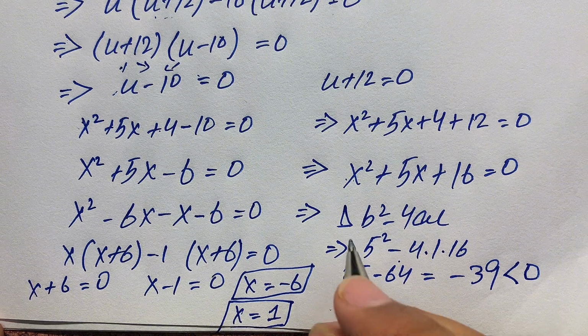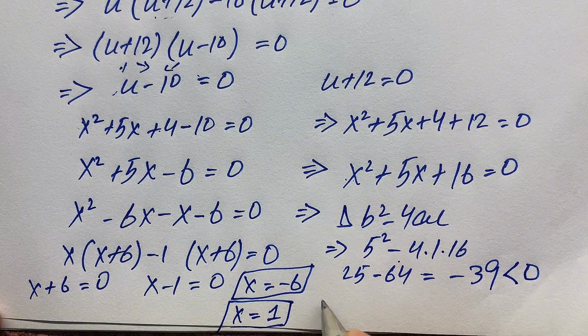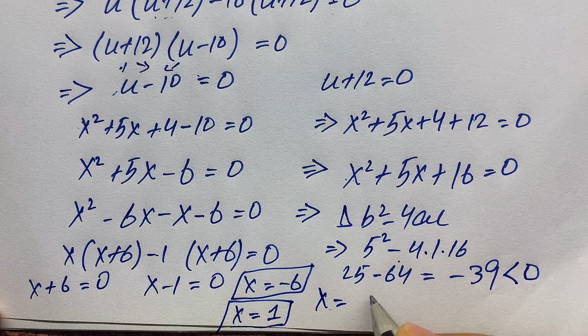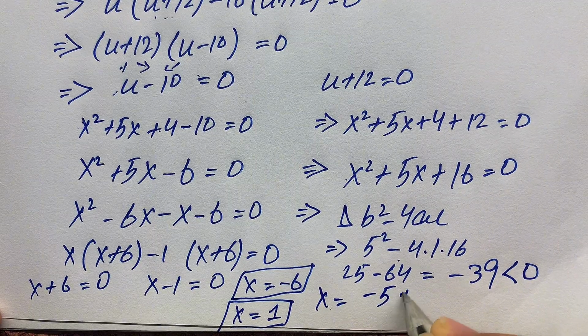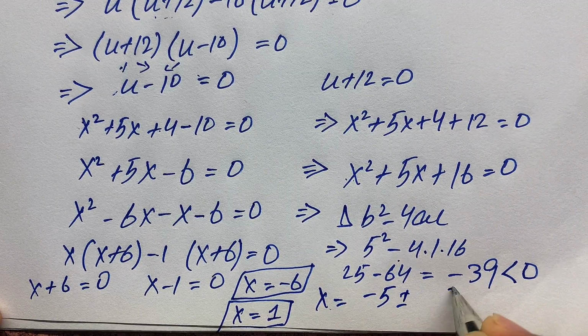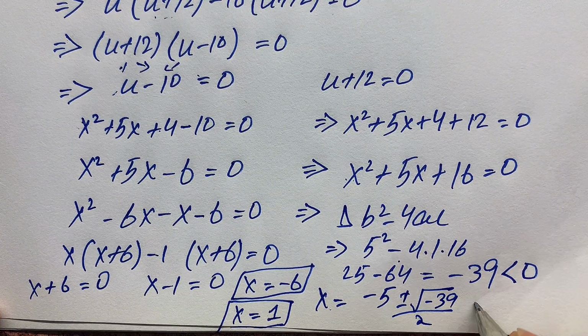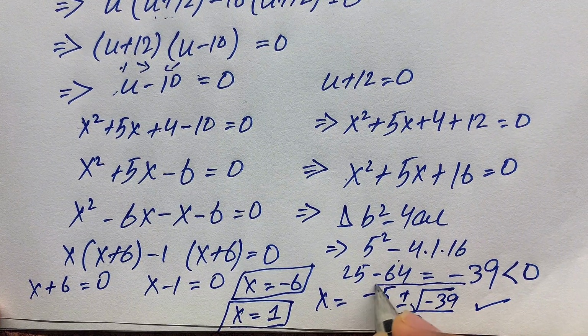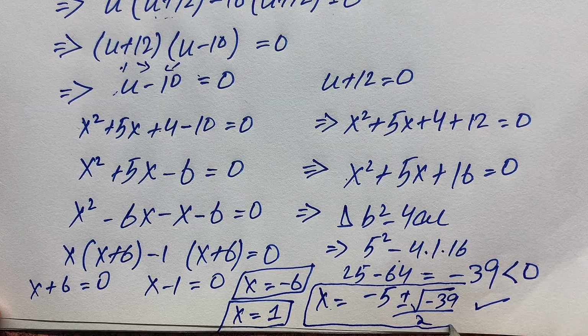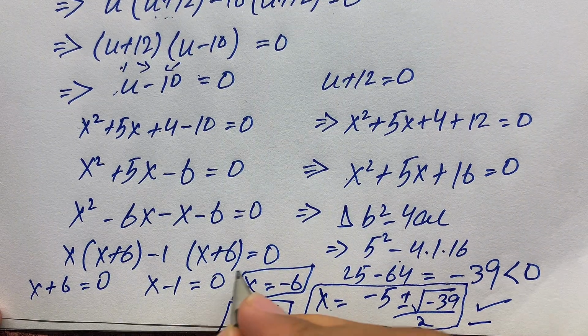Now the value of x is equal to minus 5 plus minus square root of minus 39, divided by 2. These three are our values of x. Now this is our complex, this is our simple.